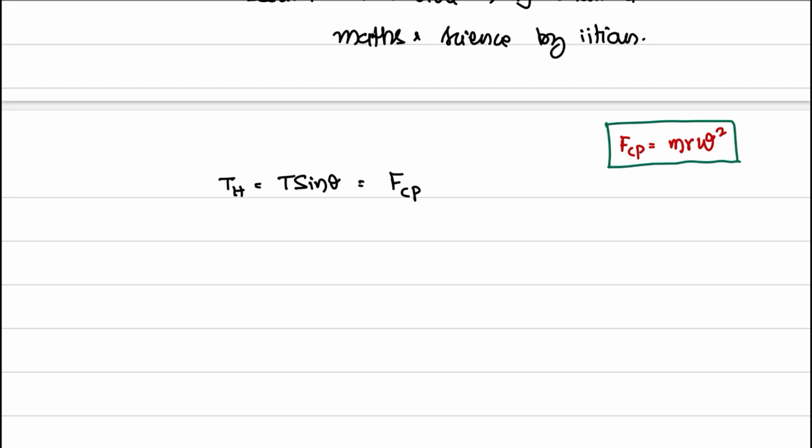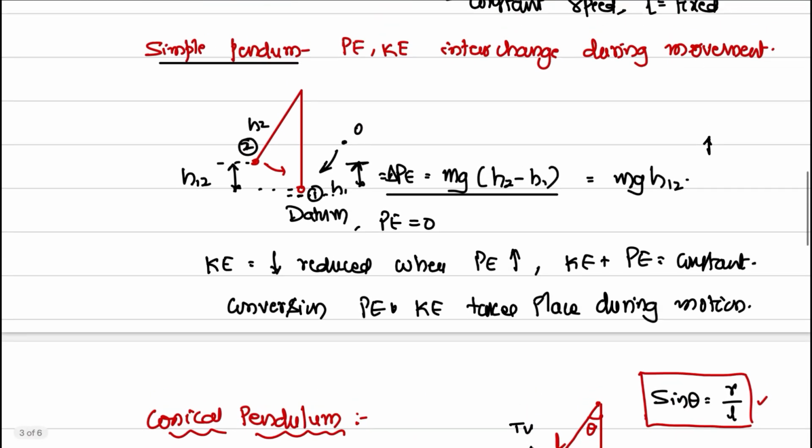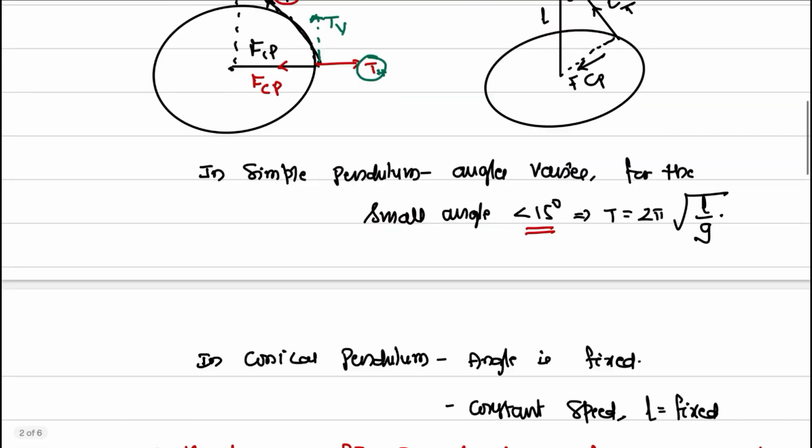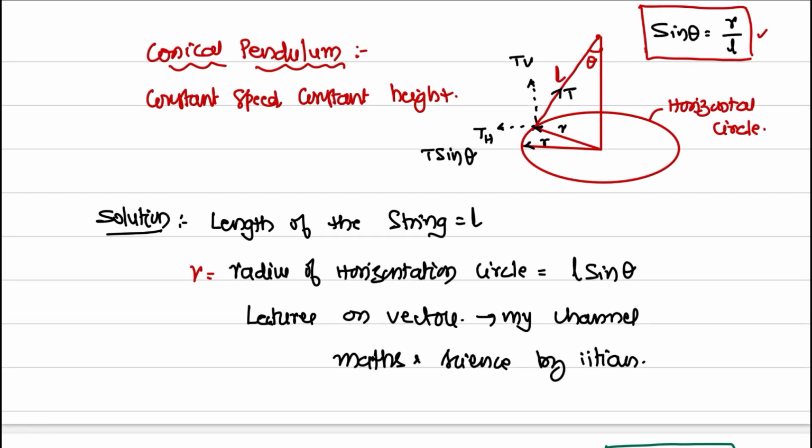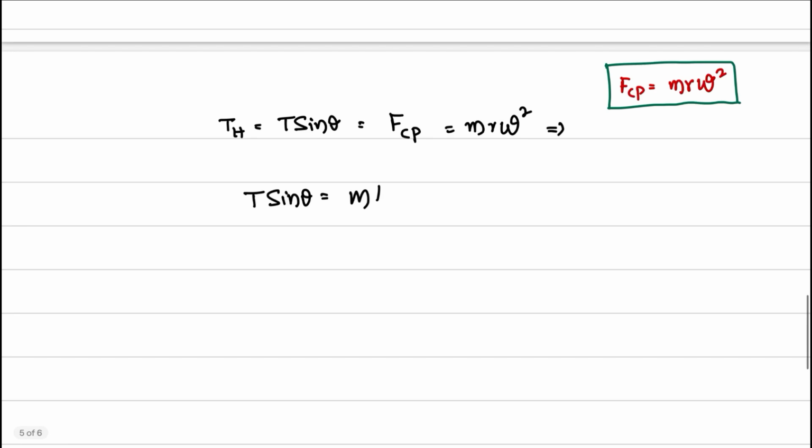That implies T sin theta is equal to m into R, where R we have derived here: R is equal to L sin theta. So T sin theta equals m L sin theta into omega square.